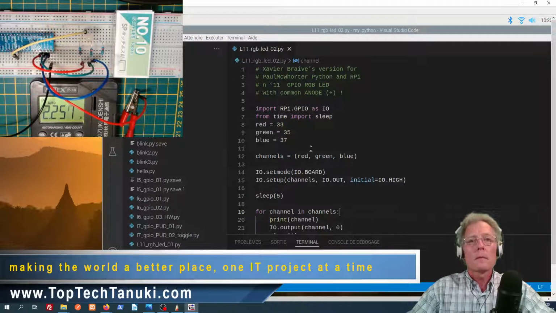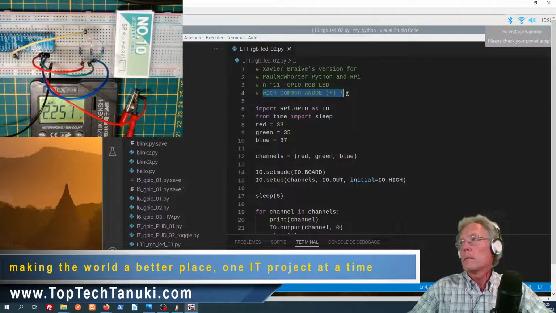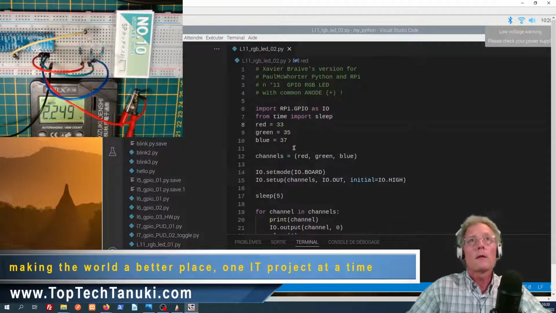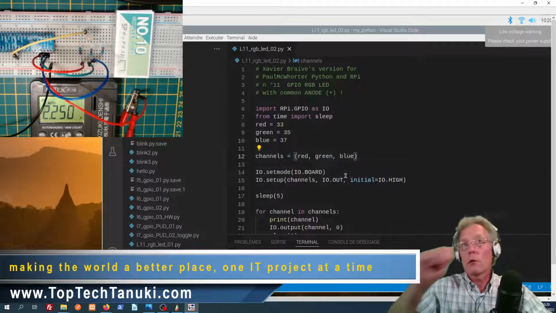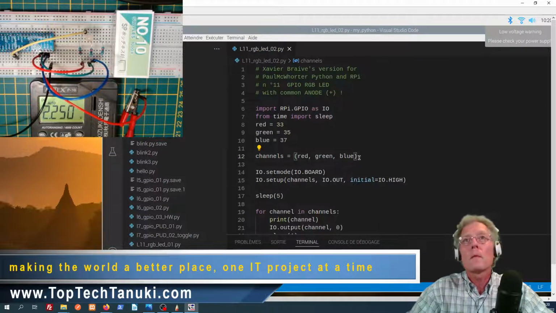So, as I said, this is the code for this solution with a common anode, which is my case. So I take the red, green and blue pins here, 33, 35, 37. I define a tuple here, which is a kind of non-mutable list, because when you set up your channels, you can give a tuple as a parameter.